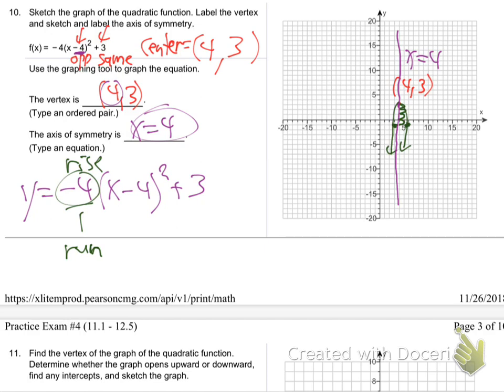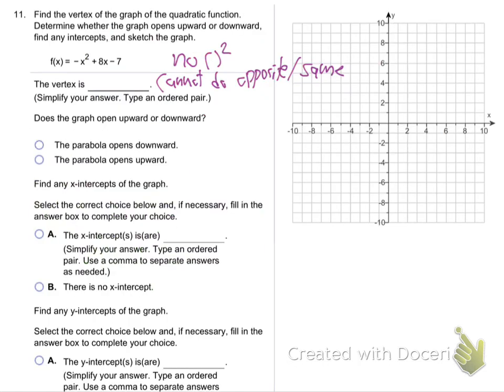And I don't even have parentheses this time. Does everybody see the difference? If you've got the parentheses, then you do the opposite of the number in the parentheses and the same as the other number. But if you don't even have parentheses, you can't do that.